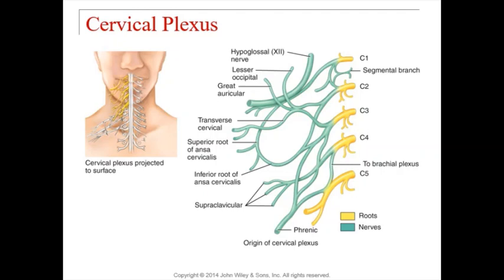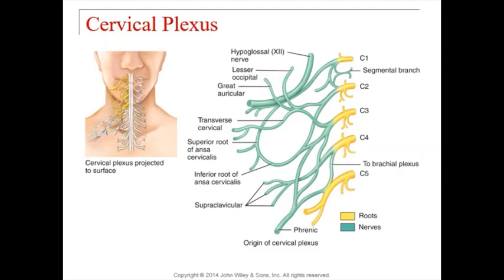Know these 4 plexuses, what spinal nerves make them up, and know the function of specific nerves in that plexus. Trust your exam review. So let's go through them one by one, starting off with the cervical plexus. And I told you, it tells you in the name where to find the nerves coming off in this region.